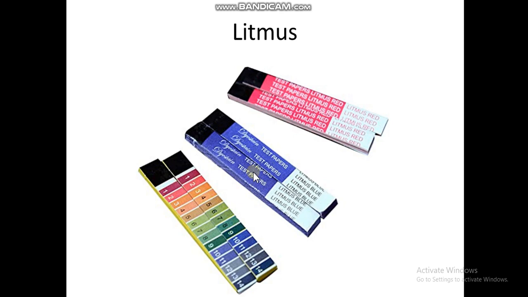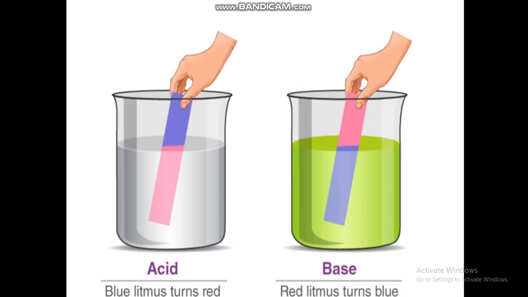In the next picture you can see we have a solution and we do not know whether it is acidic or basic. When we dip the blue litmus paper in this solution, the blue litmus will change to red. So blue litmus turns red. Here you can see the portion which is dipped inside the solution has changed to red.